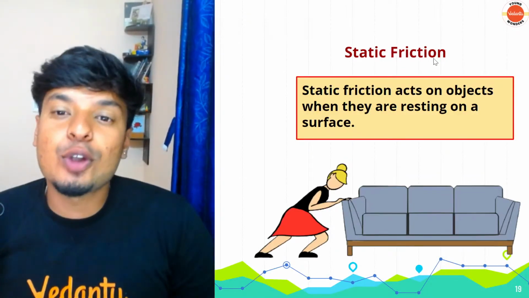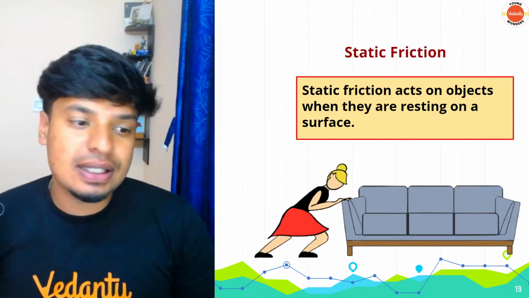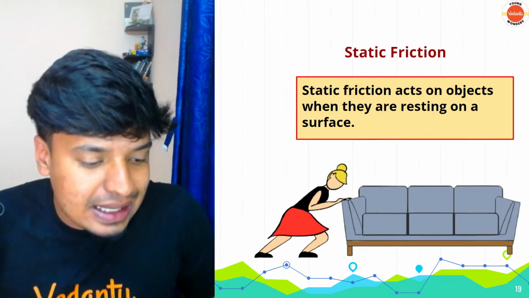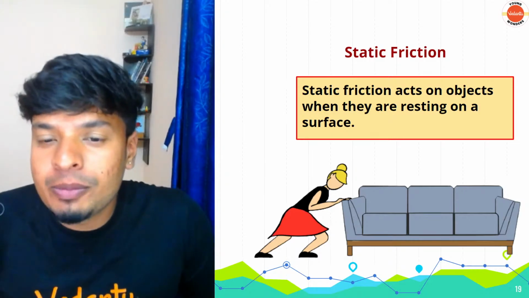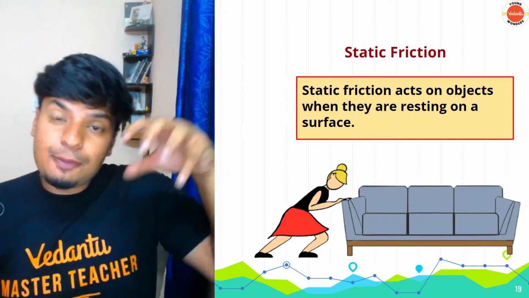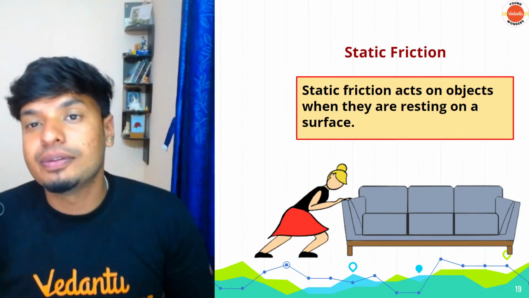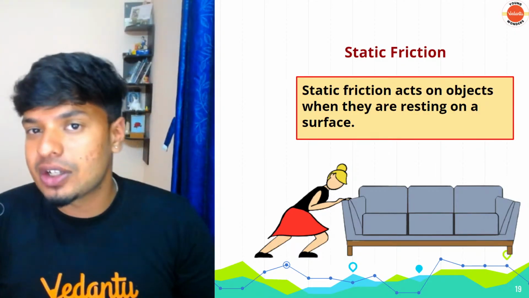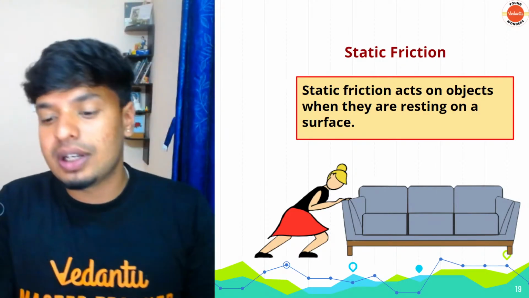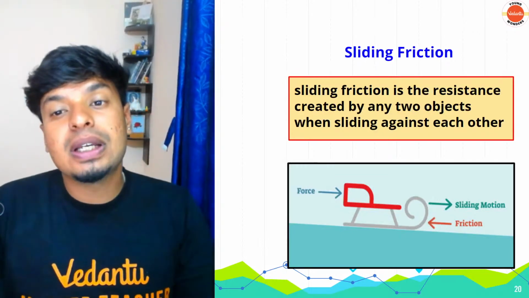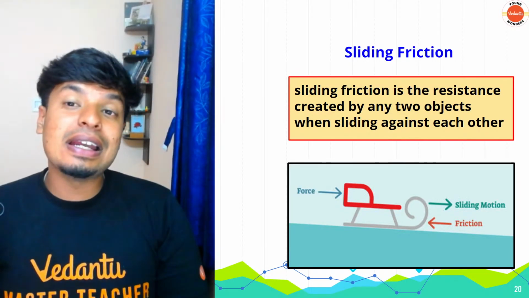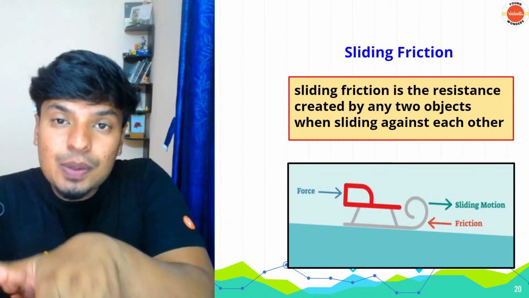Where were we? Static friction acts on objects when they are resting at one place. Guys, if I am trying to move this table, it takes some time for me to move it because there is already friction between the table and the ground. That's called static friction. This is for objects which are stationary. Then sliding friction is the resistance created when two objects are sliding against each other.